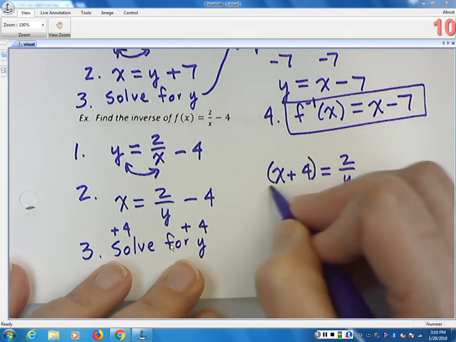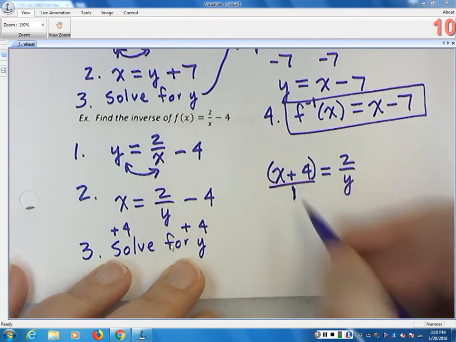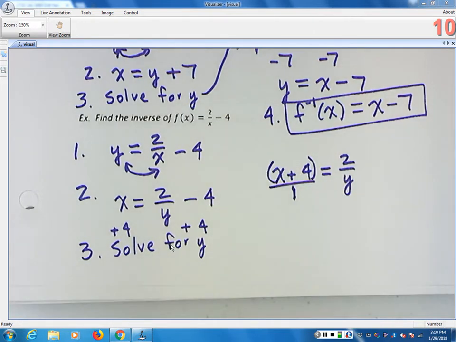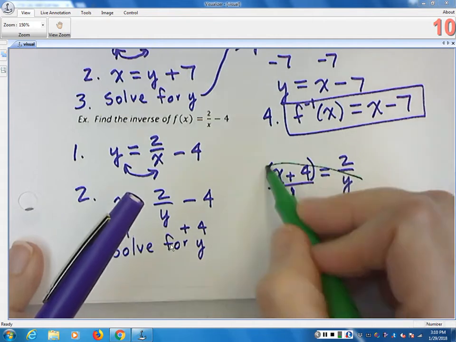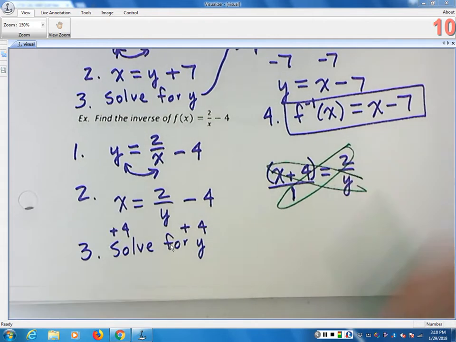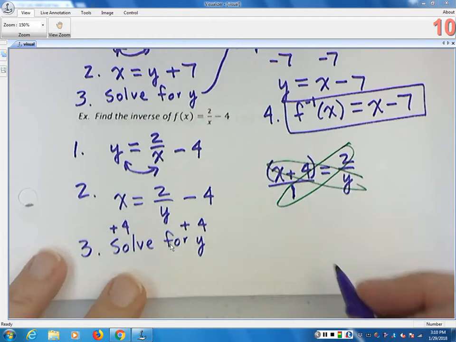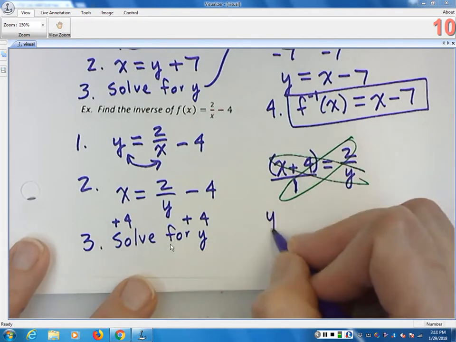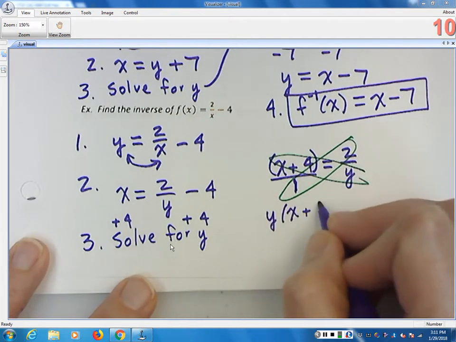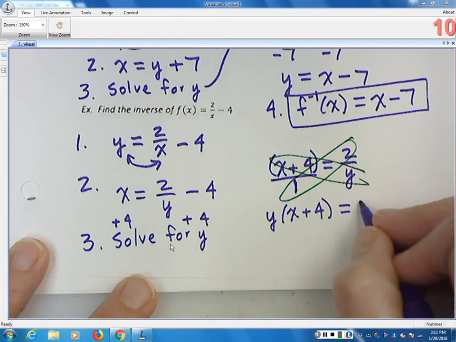Make x plus 4 as over 1. A fraction equals a fraction. And we can cross multiply. Or I could have multiplied both sides by y. Same thing. So we get y times x plus 4 equals 2 times 1, or 2.